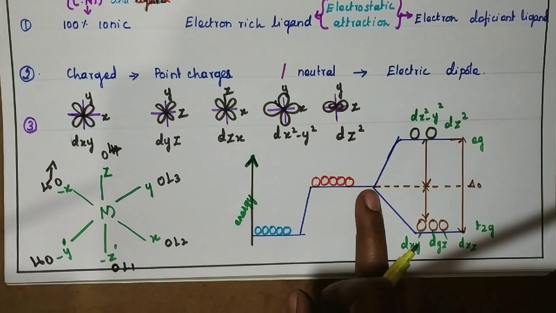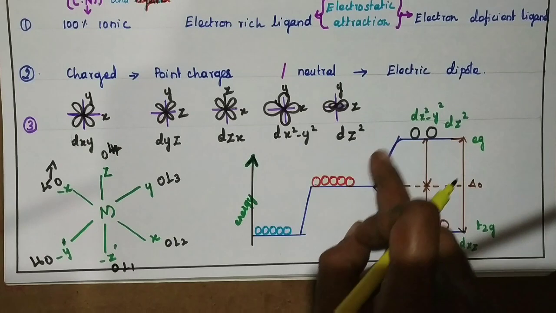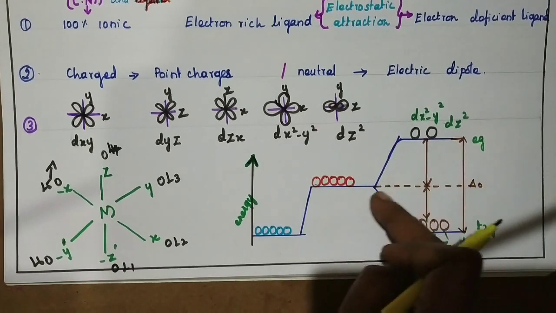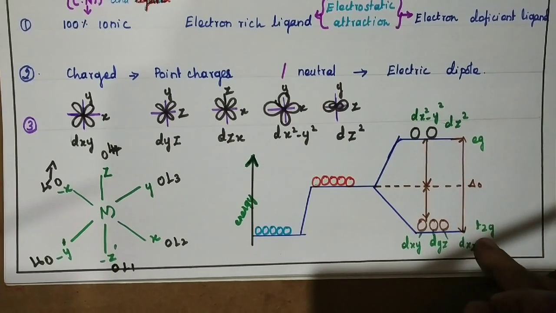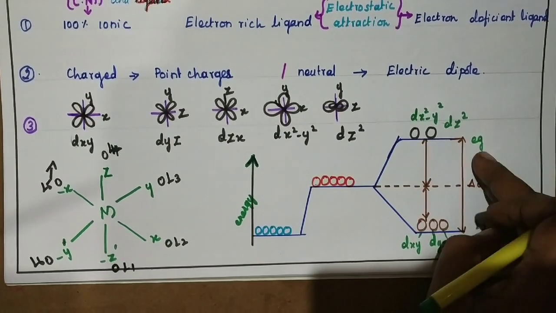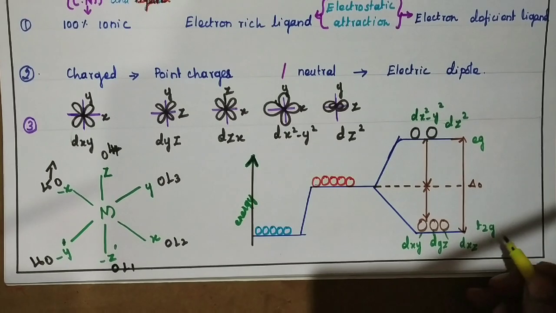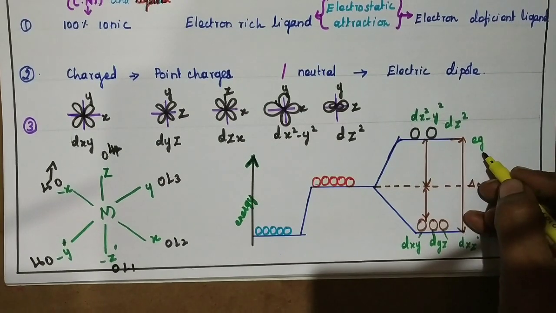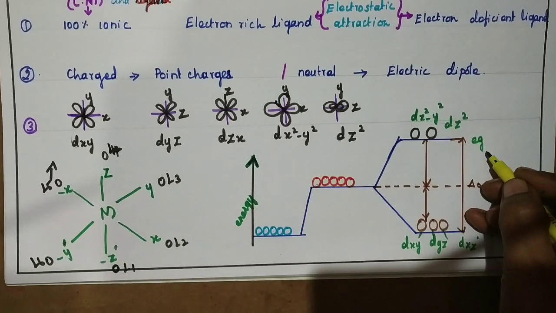Then the degenerate orbitals split into two sets: one is t2g, another is eg. t2g means triply degenerate, eg means doubly degenerate.